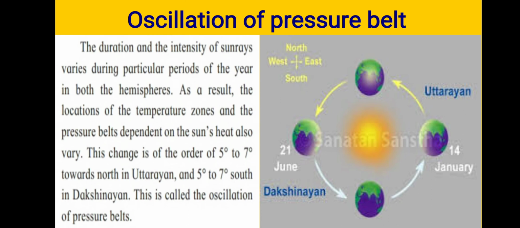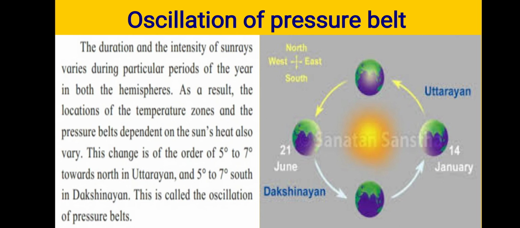The oscillation of a pressure belt. What is it? The duration and the intensity of the sun rays are not the same during a particular period of a year in both hemispheres. As a result, the temperature zones and the pressure belts also vary.